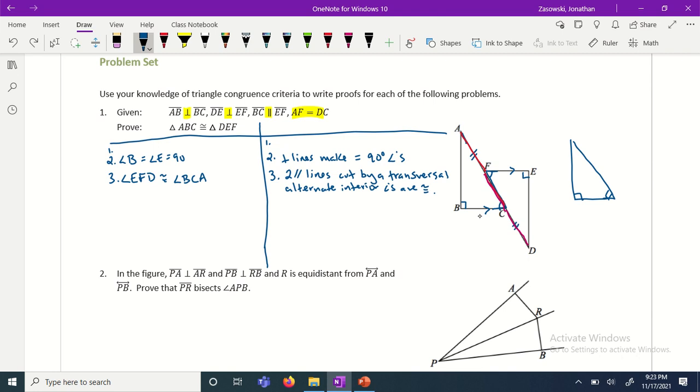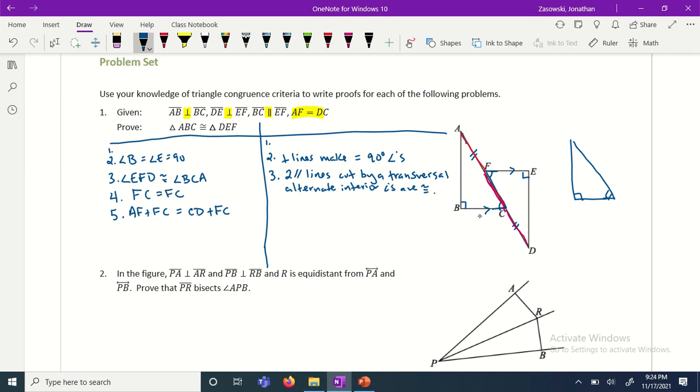So here's the strategy. Here's what we want to do for step 5. We want to say AF plus FC is equal to CD plus FC. So we want to add this piece on to both sides. But before we do that, we actually have to say that FC is equal to FC.